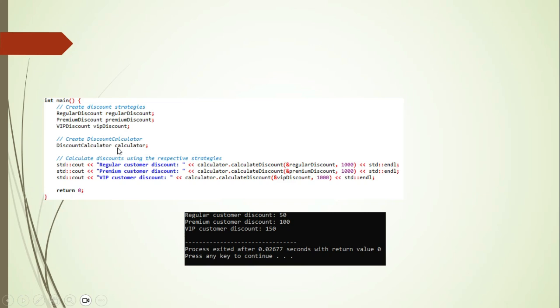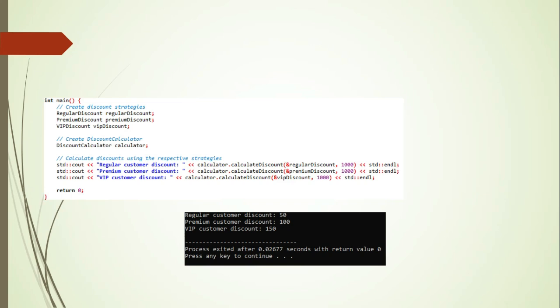This means calculator is the object, or instance, of the discount calculator class. It is used to calculate the discount for each customer type by passing the corresponding discount strategy object. This is important.